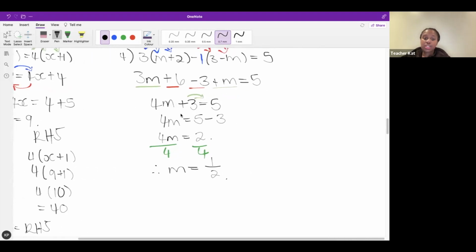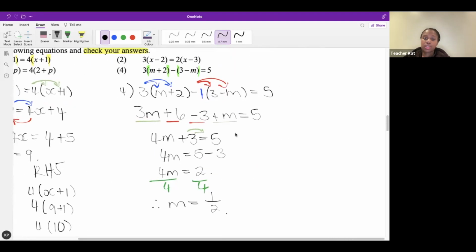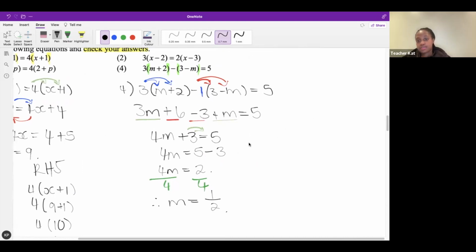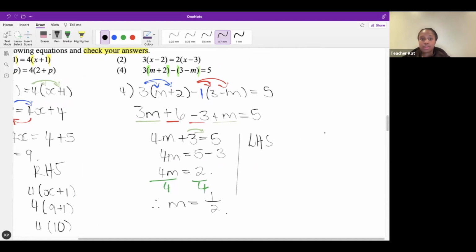Now, this checking is a little bit more interesting, okay? I'm going to need more space. That's fine. I'm just going to start it off here. And my left-hand side says 3 times m plus 2 minus 1 times 3 minus m.